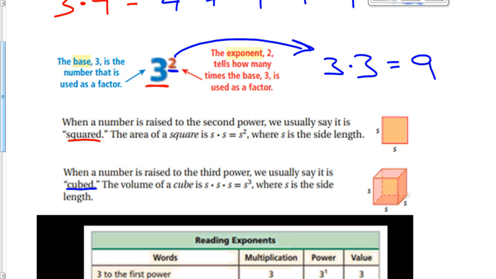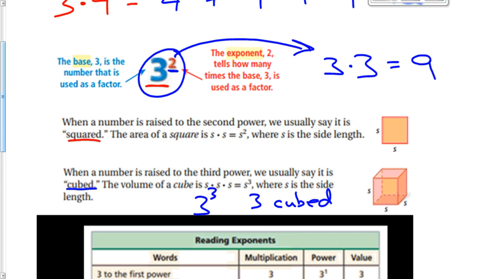If we had 3 to the third power, we could say 3 times 3 times 3, but we could say that it is 3 cubed if we wanted to. Anything above the third power, like 3 to the fourth power, fifth power, sixth, you just use the number and add a th.